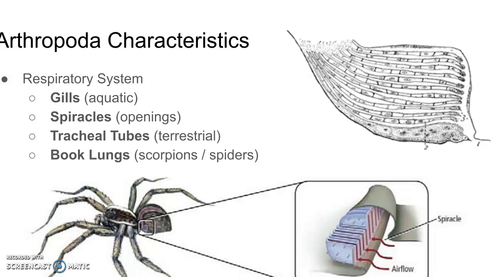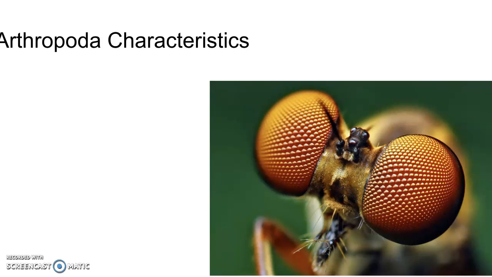So those are the two methods: the tracheal tubes, which go around the organism, and then the book lungs that go across. And those are specific for scorpions and spiders.